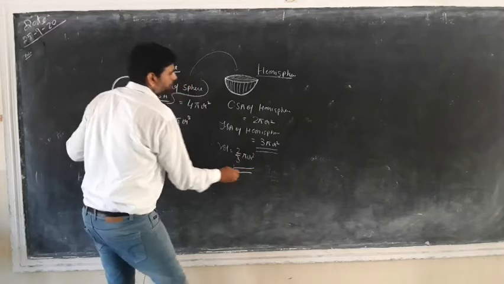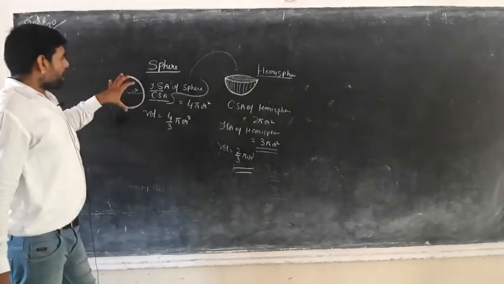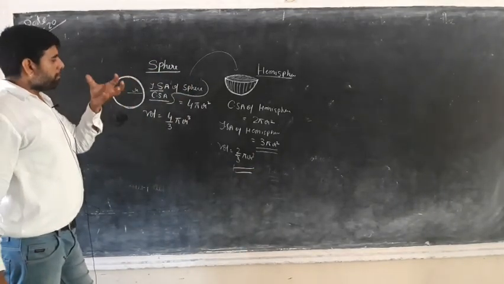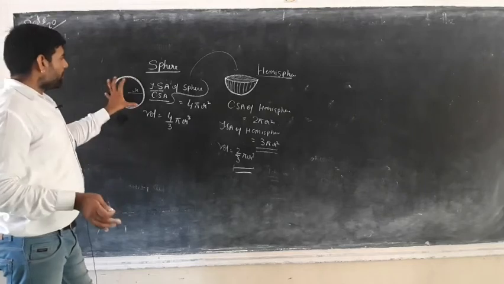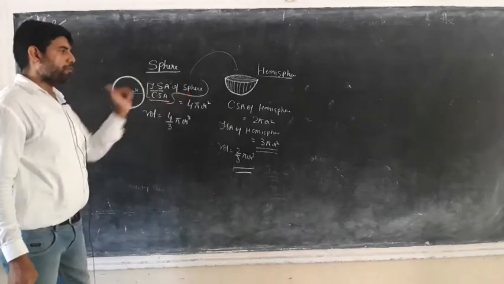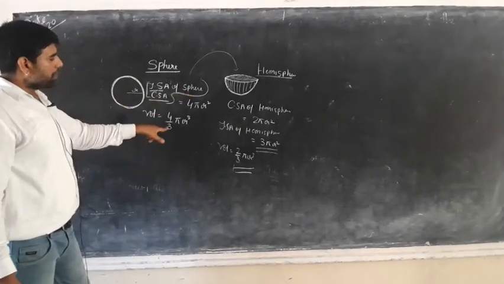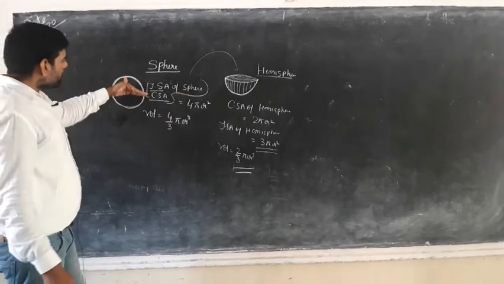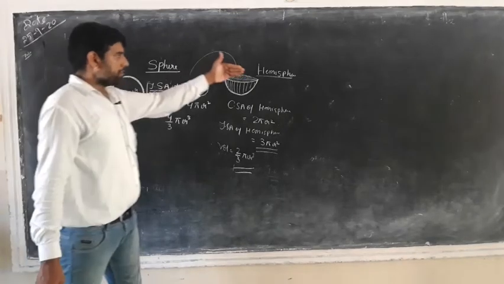2/3πr³. Let me understand again. In the sphere all the part will be blocked, total part will be covered, therefore total surface area and curved surface area will be the same, equal to 4πr², and volume is equal to 4/3πr³. We cut the sphere, and a hemisphere is made.